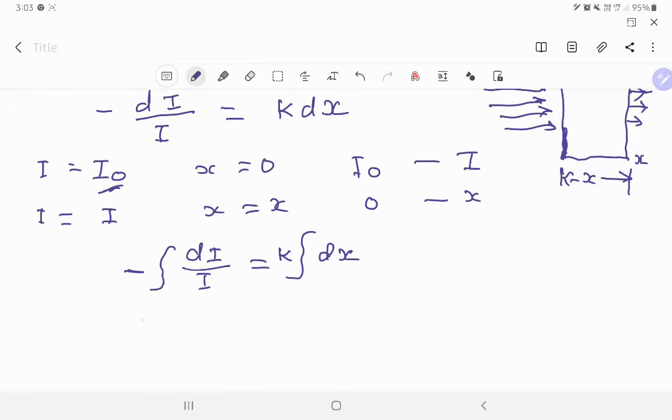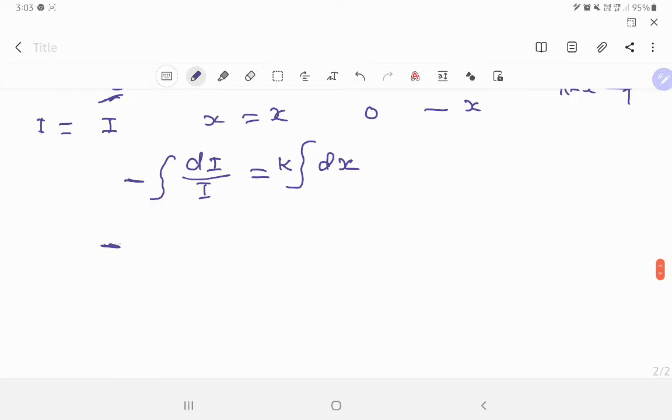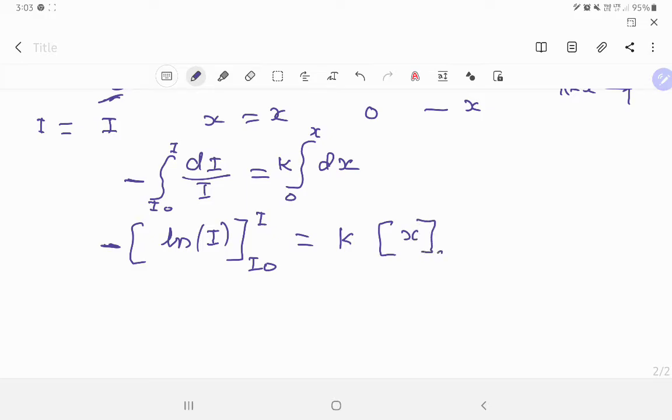Integration of 1 upon I dI will be ln of I, between the limits I0 to I, and integration of dx will be x between the limits 0 to x.